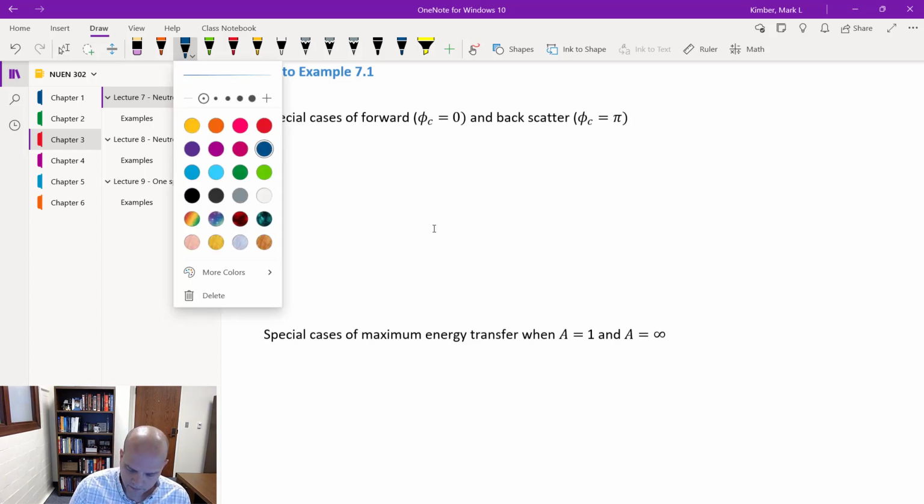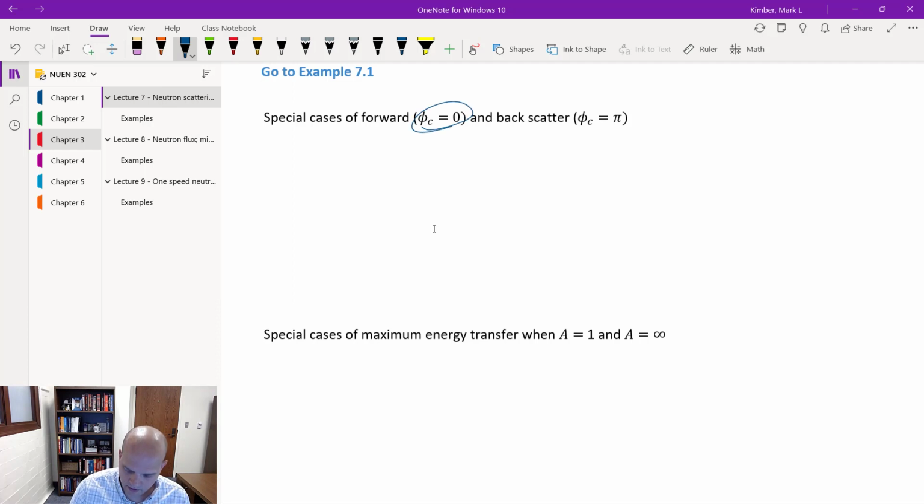This here is going to be what's called a glancing interaction. And at the extreme, when phi sub c is equal to 0, then EY equals EX.